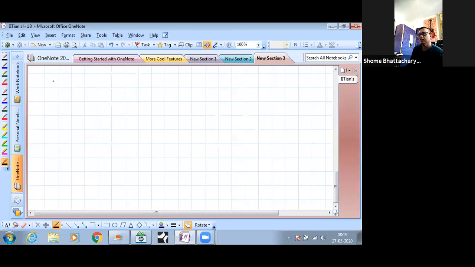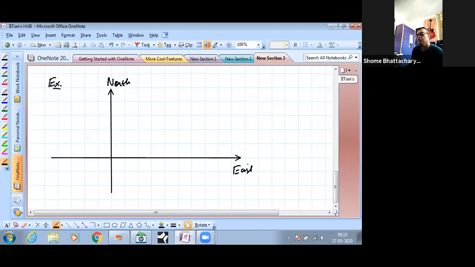So for example, we had seen that if we have defined some geographical directions like this, north, east, west, south, etc.